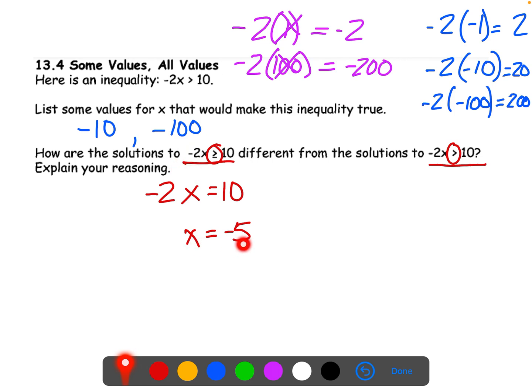But if I put negative 5 into this inequality, the one that we were just working with, negative 2 times negative 5 is 10, but 10 is not greater than 10. It wouldn't be true here, but it would be true here. So very small detail, but it's really important to see the difference in what those symbols can make.